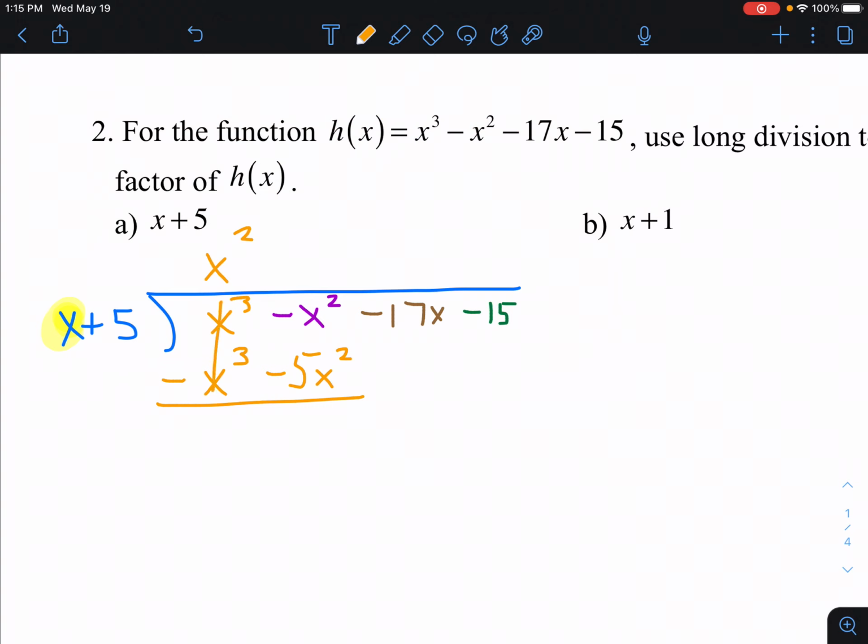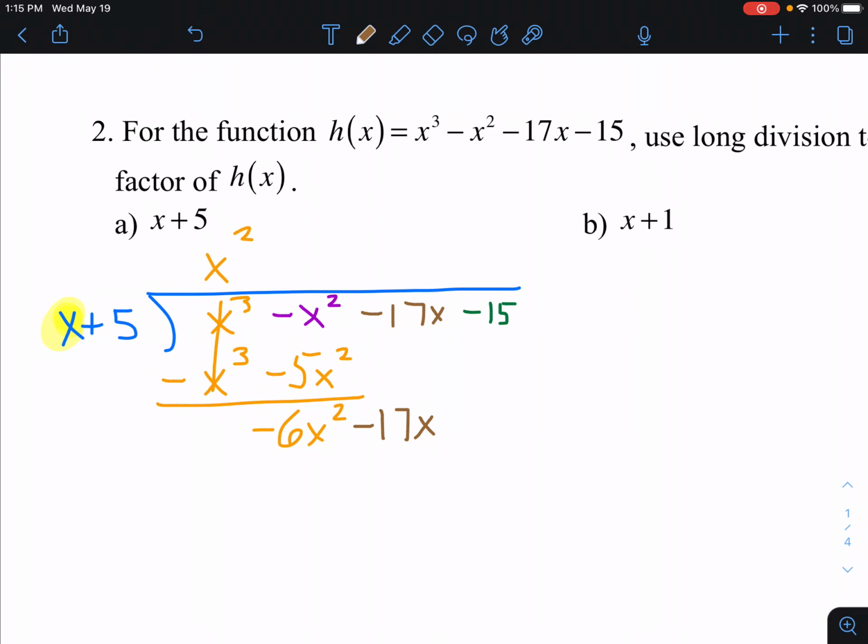The subtraction will be the second ones, like negative x squared minus 5x squared will be negative 6x squared. Now what you want to do is bring down the next term, negative 17x. And then we're going to start over again.